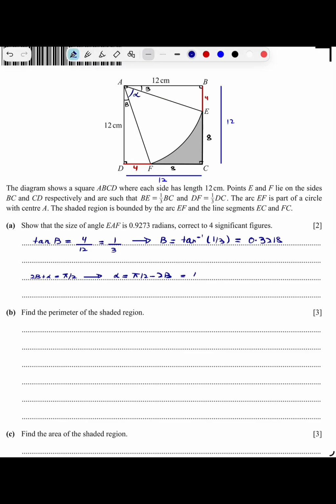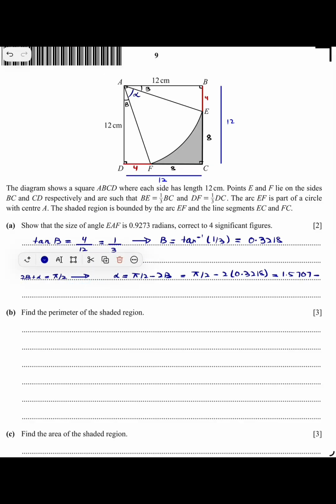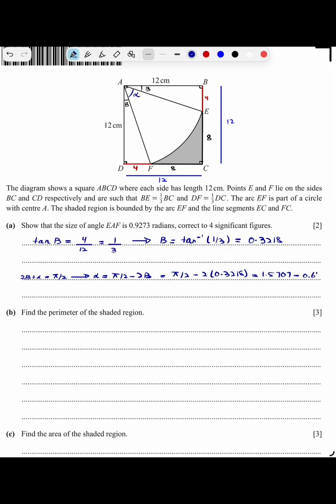So this is pi by 2 minus 2 into 0.3218. Putting in the value of pi and dividing by 2, that becomes 1.5707 minus, wait, let me move this. Multiplying by 2 gives 0.6435. So the value of alpha becomes 1.5707 minus 0.6435, which is 0.9273 radians.